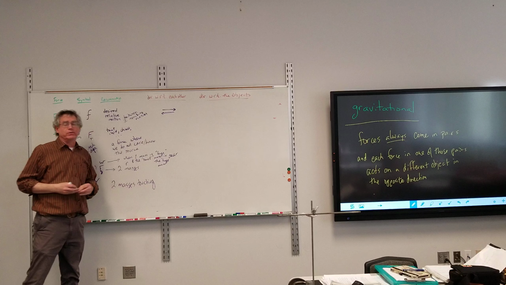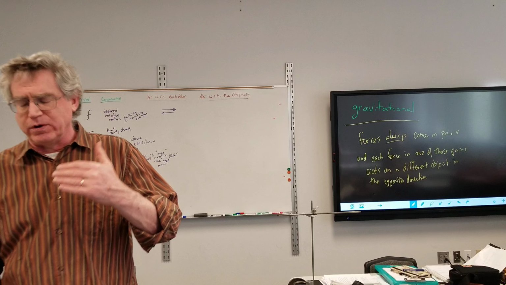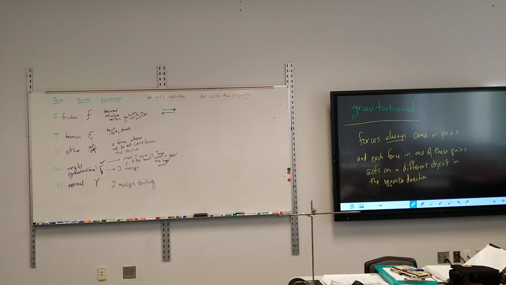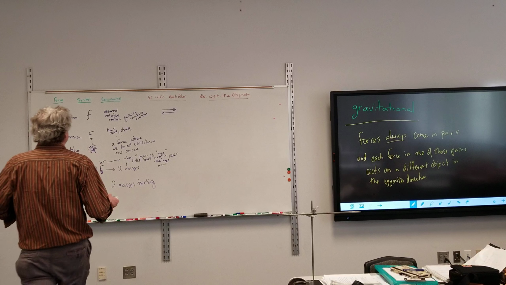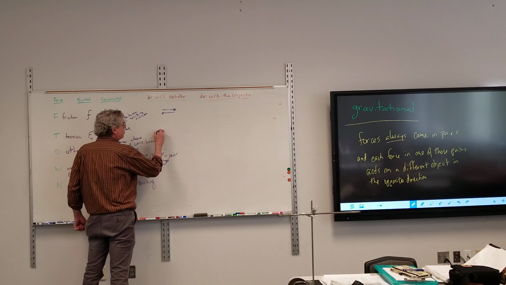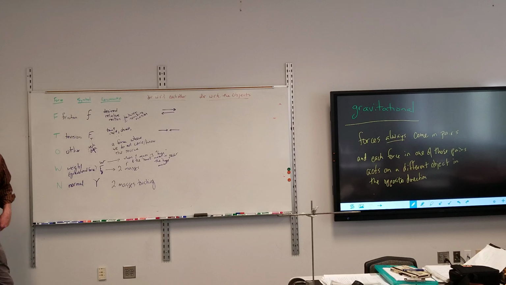They'll be beside each other, acting in opposite directions. And I drew it horizontally, it could be vertically, depends on how the objects are oriented. Tension, when I draw it, the two arrows we will draw will point towards each other, which is typically for things that are pulling forces. Other.